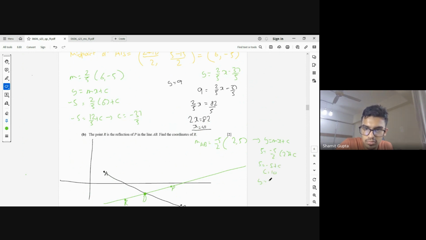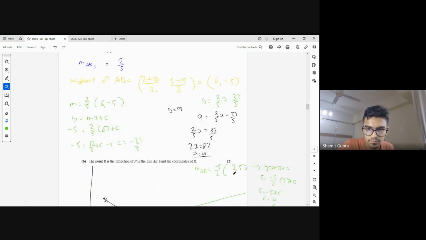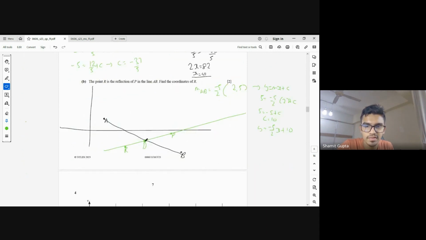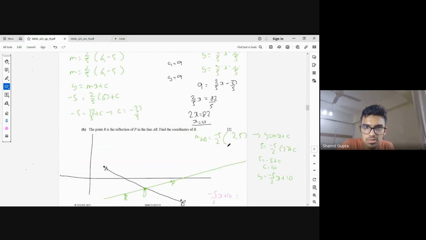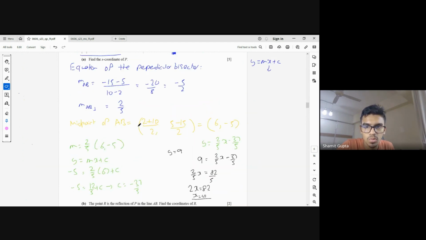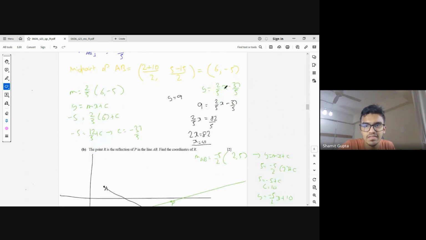So y is equal to -5/2 x plus 10. When you have to find D, you have to equate the two equations, right? So -5/2 x plus 10 equals, what's the perpendicular bisector's equation? 2/5 x minus 37/5.